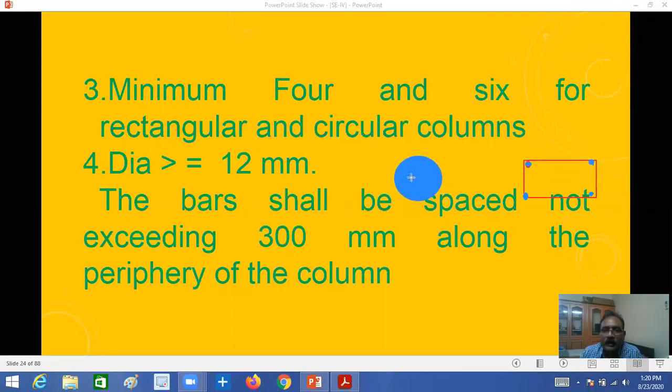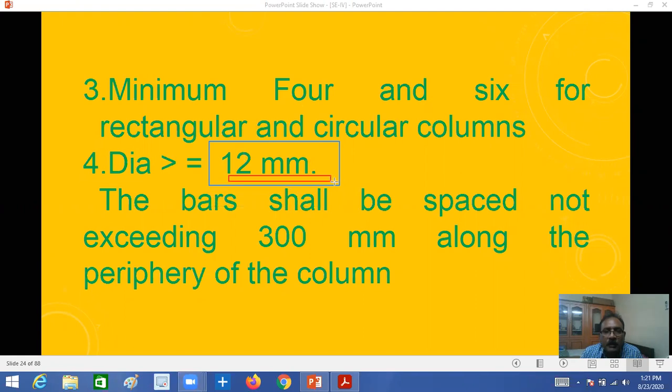In a circular column you will have 6 bars. These are very important for competitive examinations. You should remember the minimum 4 bars in square or rectangular columns, and the minimum diameter of the bar is 12 mm.